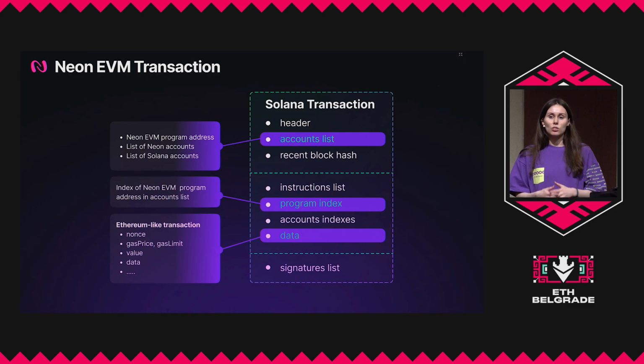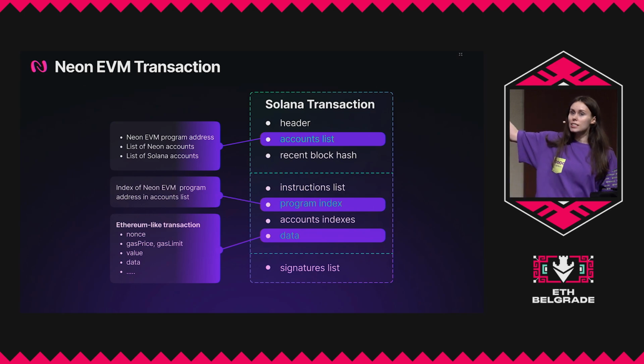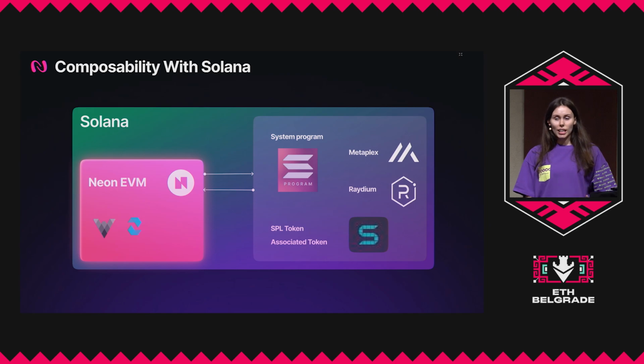A token is an account, a balance is an account. So everything should go into the accounts list. And one of the things that Neon EVM does, thanks to this composability feature that I'm going to talk about, is create all these accounts that are needed for Solana to execute transactions and pack them into this Solana-style transaction in the accounts list. So how does it do that?